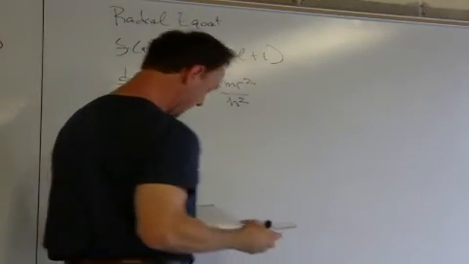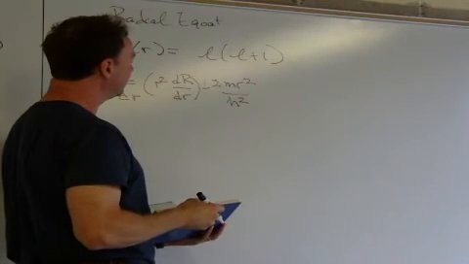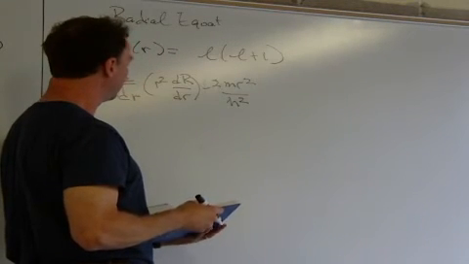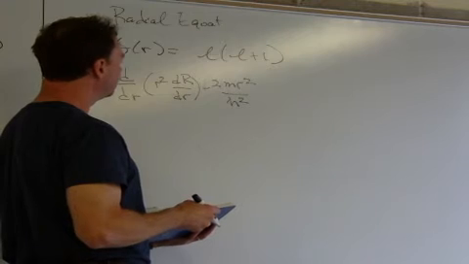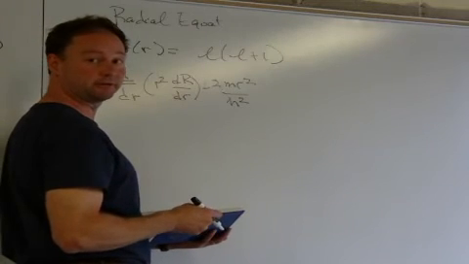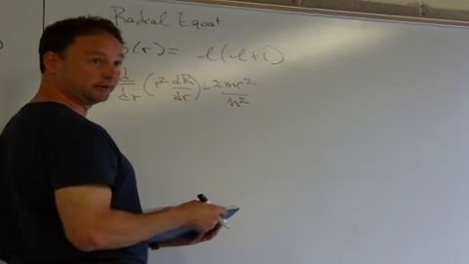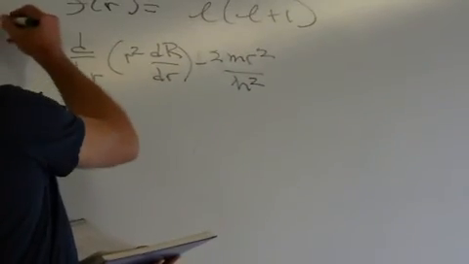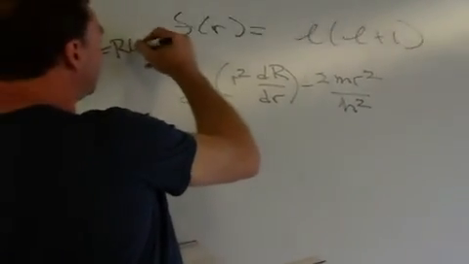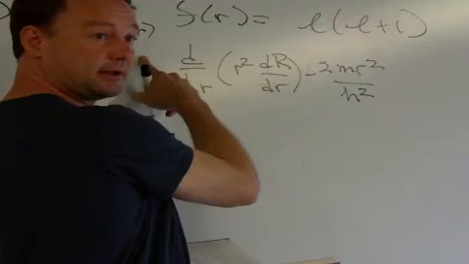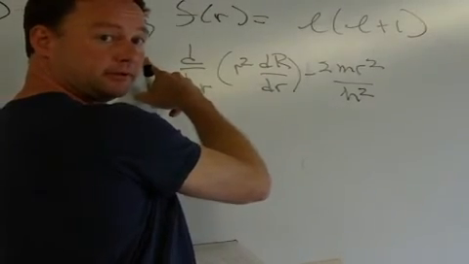It's tough if you're just writing this down and not looking, because I'm saying r and R. But there's a distinction between the capital R, the function of r. The capital R is the radial part. That's our function that we're looking for.